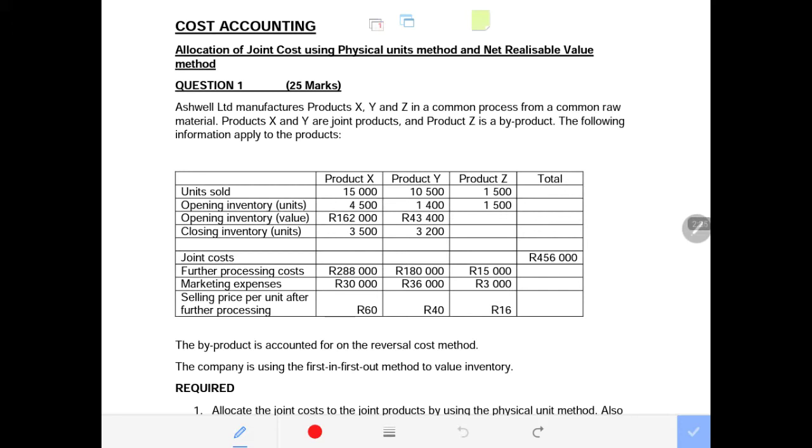Then after, they are split into becoming product X and product Y, but in the beginning stage all the material and all the ingredients were mixed together.